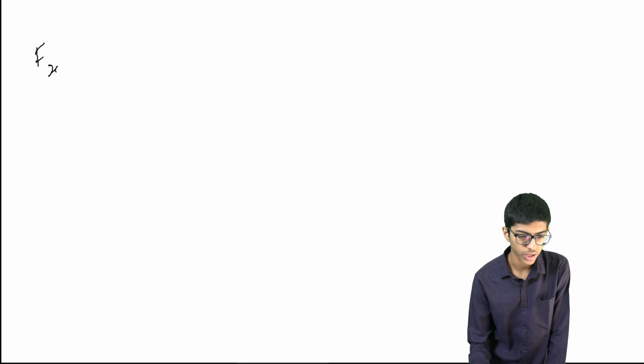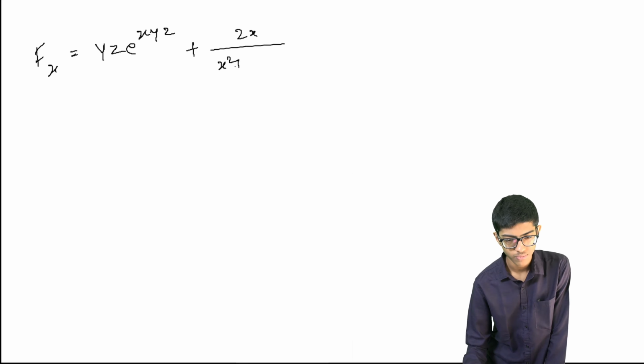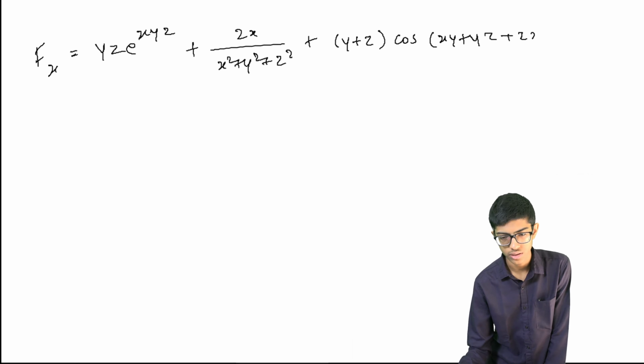So here we may write the general form for f of x as yz e raised to xyz plus 2x by x square plus y square plus z square plus y plus z cos of xy plus yz plus zx.